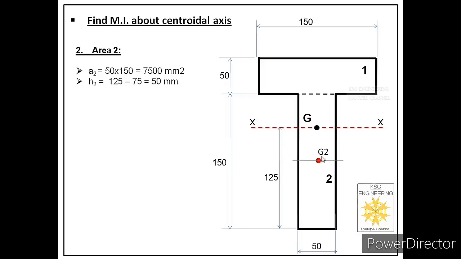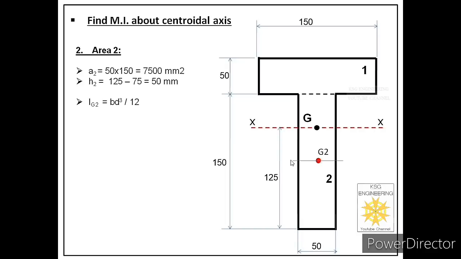Now we have found h2 also. What is the next step? The next step is to find the moment of inertia of area 2 about its own centroidal axis. And for a rectangular area, the moment of inertia about its own centroidal axis is given by the formula BD cubed by 12, and we are denoting it as Ig2.